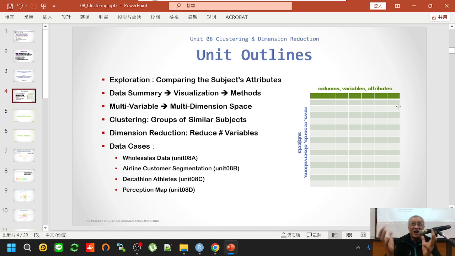So in this environment, when you want to group the subjects according to their similarity, and you want to present them in a graph, so that you can tell the different characteristics of each group, then you use these two technologies, okay?